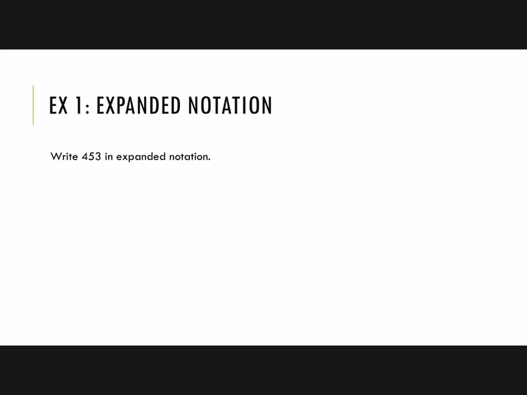Alright, so here let's review expanded notation first before we look at a few examples. 453 in expanded notation. So we want to emphasize the powers of 10 that are behind this number. So this is 4 times 100 plus 5 times 10 plus 3 ones.